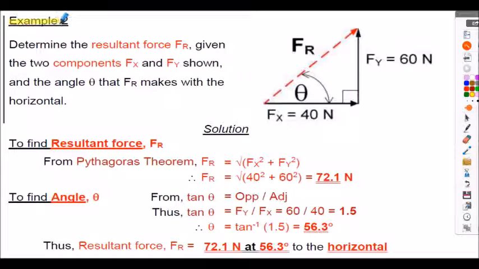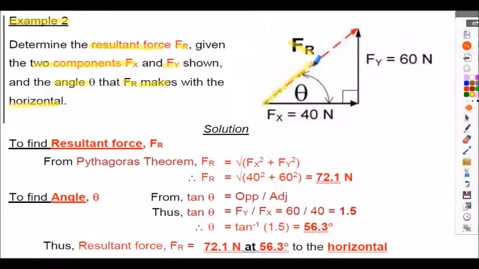Example 2. This time we're asked to determine the resultant force, labelled Fr, given two components, the Fx and the Fy as shown. We also need to calculate the angle theta that the resultant force Fr makes with the horizontal. So from the information given, we have to calculate Fr, the resultant force.